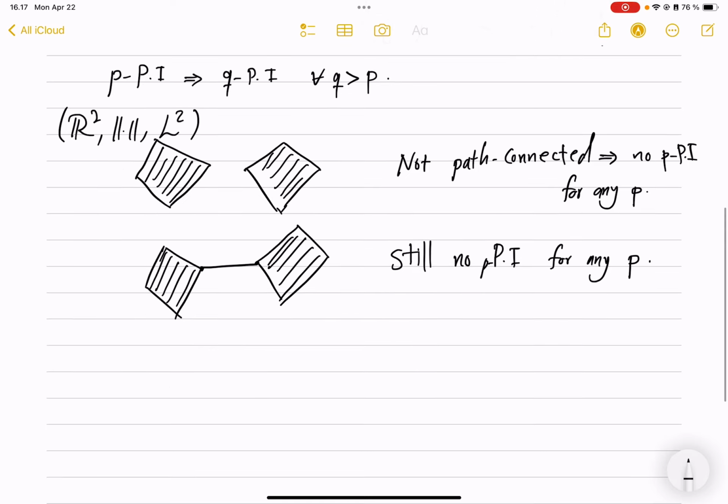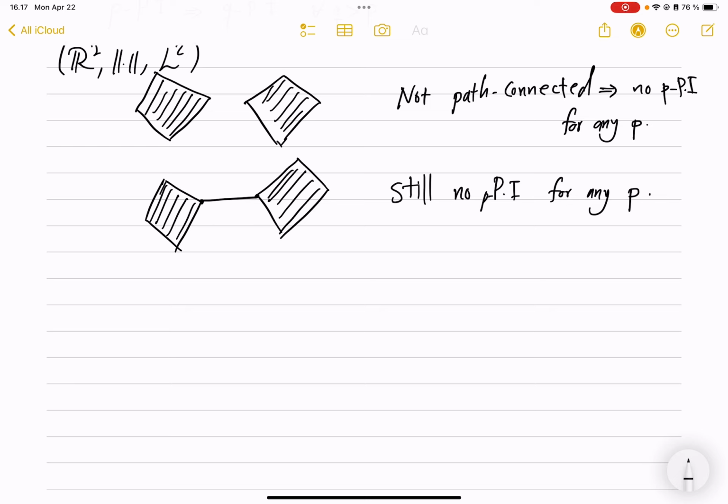Because, and here's the point, you can still have a function that is constant 1 here, constant 0 here. And then here, take g to be even infinity. You can afford to just have it here. And then g is 0 back here and here as well.